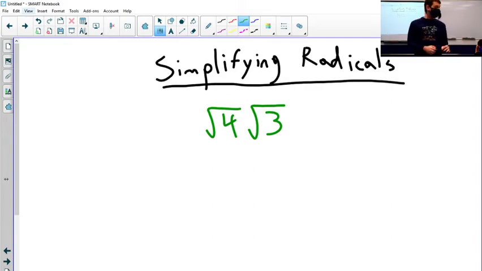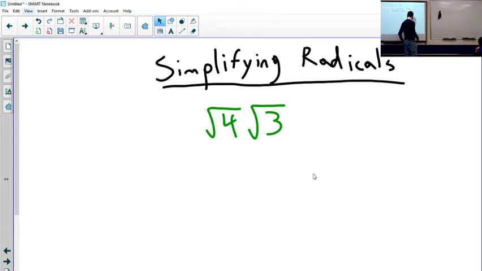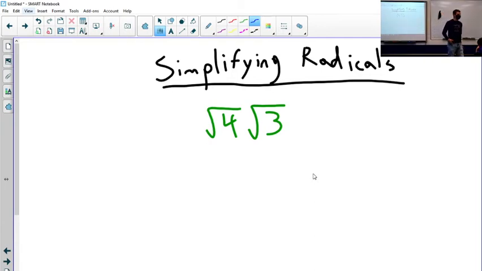I want you to simplify it. So that might require you finding your pairs and taking them out of the square root.